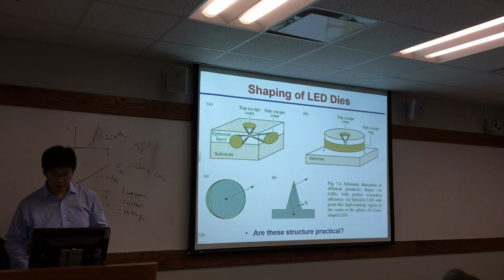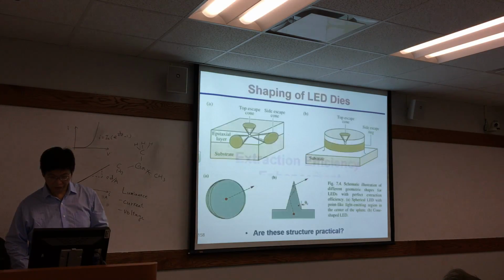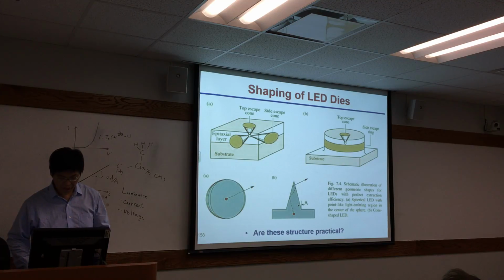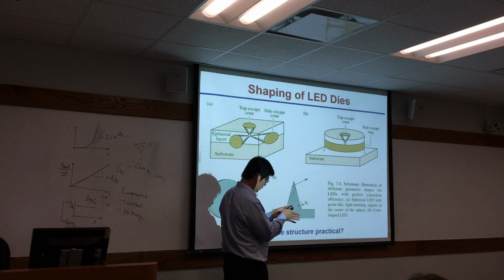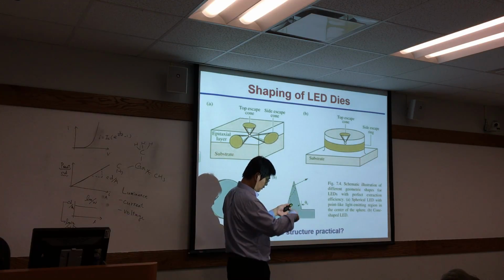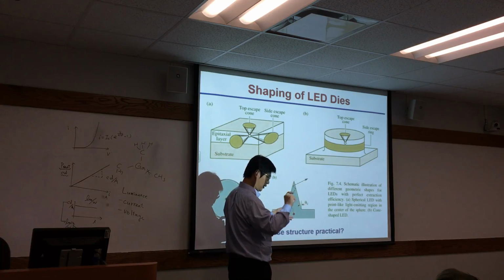So let's see how we can improve our extraction efficiency. Of course, there are some ways. For example, right now the width or length is too large, 300 micron, 500 micron, compared with the thickness. So how about that?